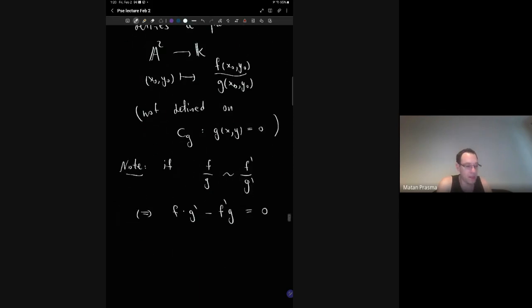Then it could be that the set of roots of g is different than the set of roots of g prime. So on one representation, this would define a partial function defined on a certain subset of the affine plane, and on another representation, it will be a partial function defined on another subset of the affine plane.